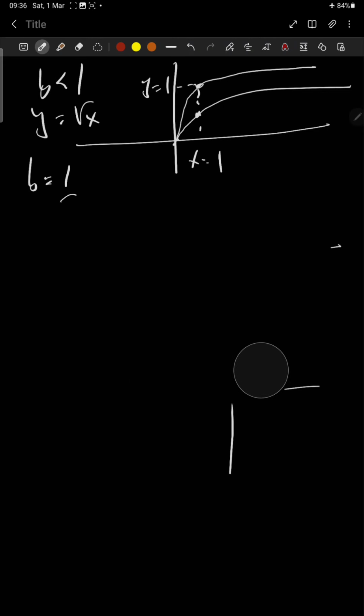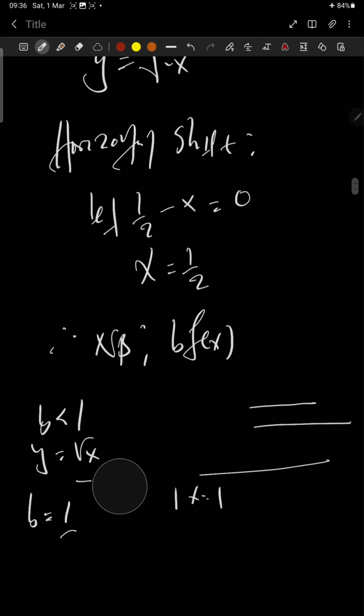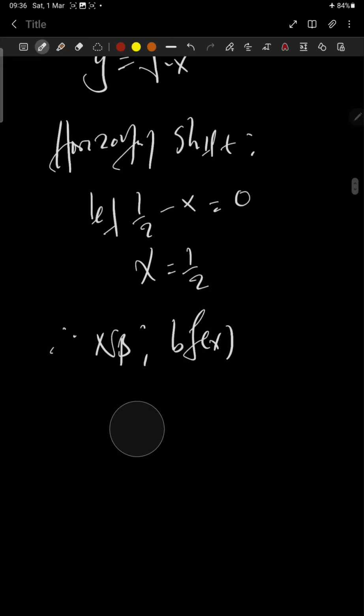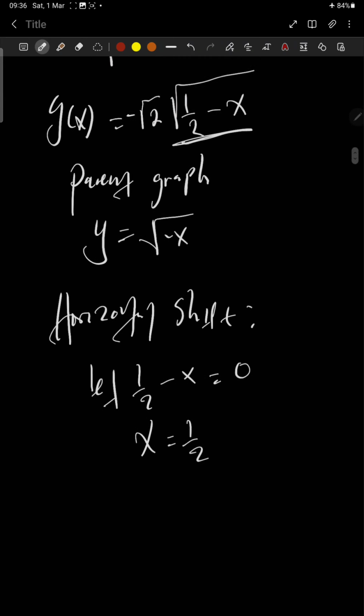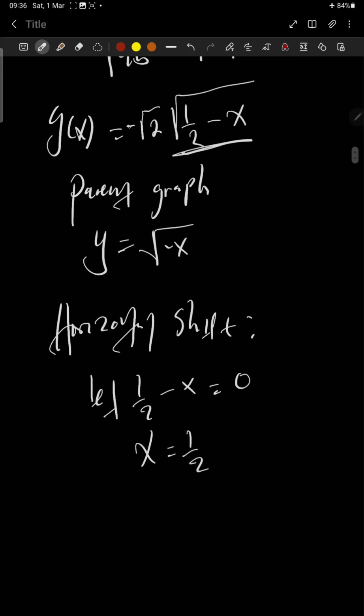Okay, now let's go back to our question. The negative here means reflection. So this number here, without the negative, is greater than 1. The negative means reflection.